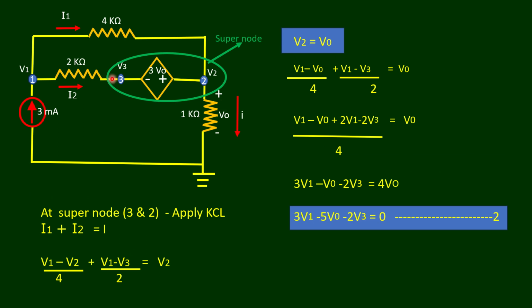Now we are going to apply KCL at this super node, 3 and 2. What are the incoming currents here? This I2 is incoming, this I1 is also incoming, and this current I is leaving.